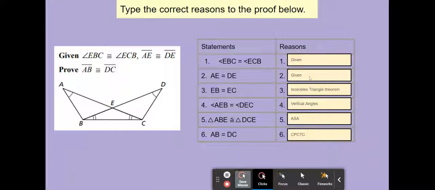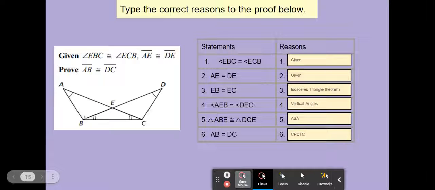AE is equal to DE, again given from the information here. And if we look at that, EBC, ECB, those angles, that means that EB has to be equal to EC. That's the isosceles theorem. Those opposite sides must be congruent.